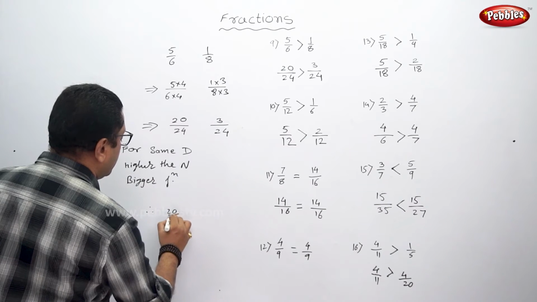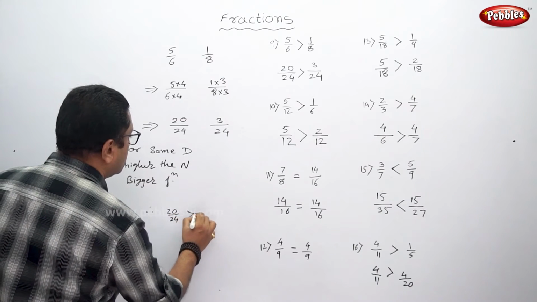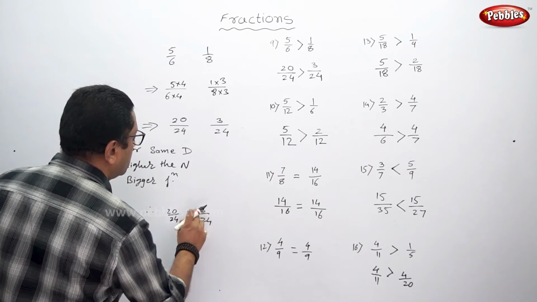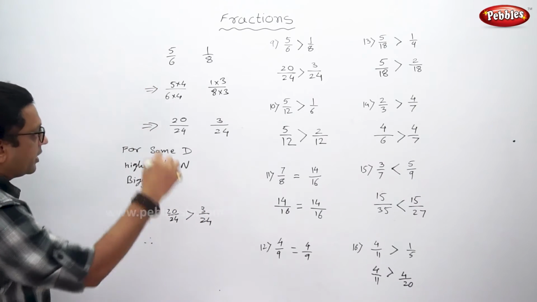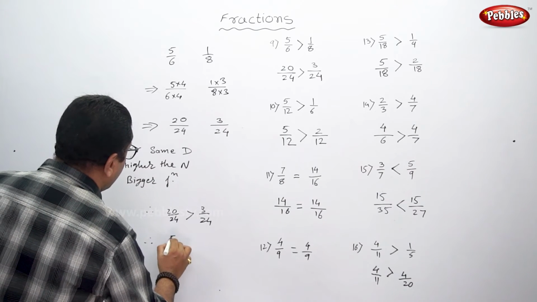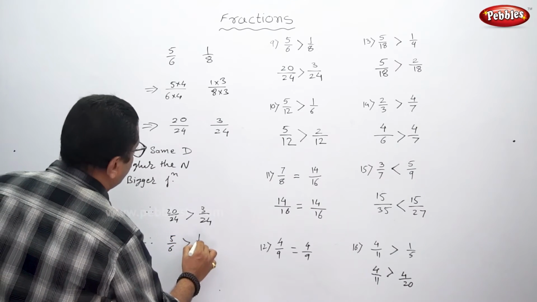Hence 20 upon 24, 3 upon 24, and hence I will write the final answer 5 upon 6, 1 upon 8.